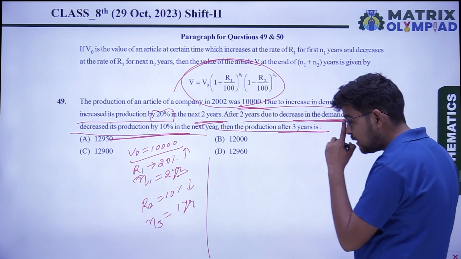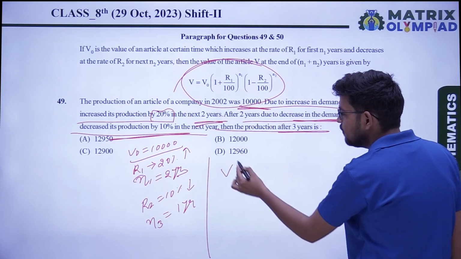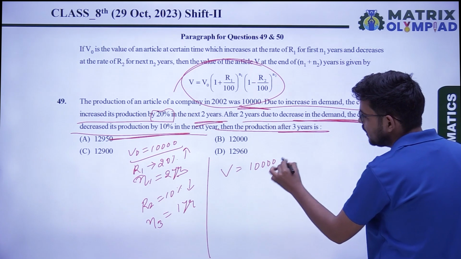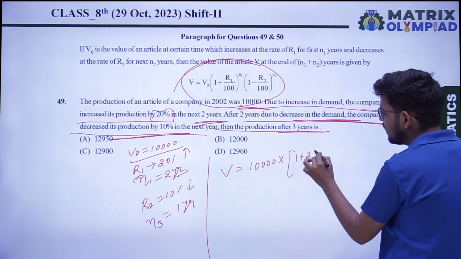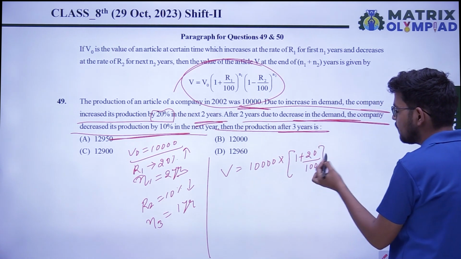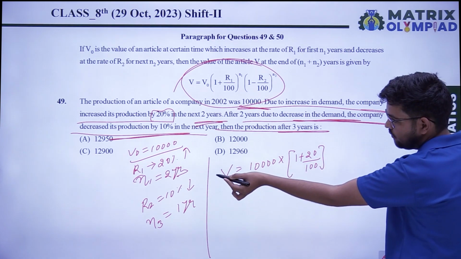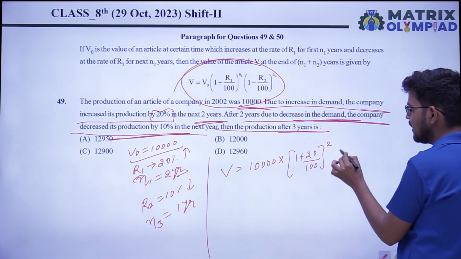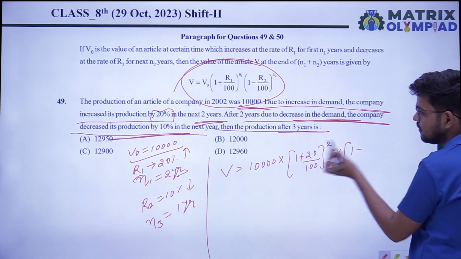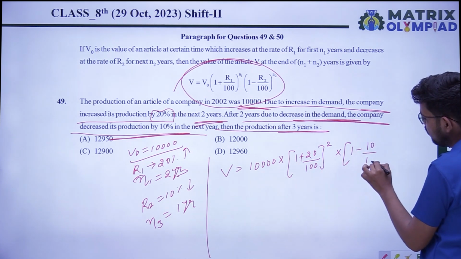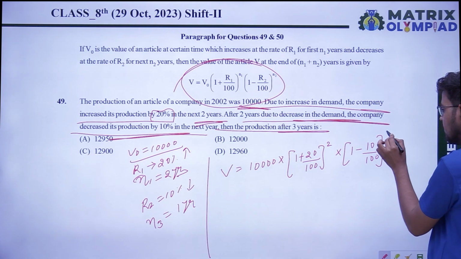So N2 will be 1 year, so V will be V0, that is 10,000 into 1 plus 20 upon 100 raised to power N1, which equals 2 years, multiplied by 1 minus 10 upon 100 power 1.